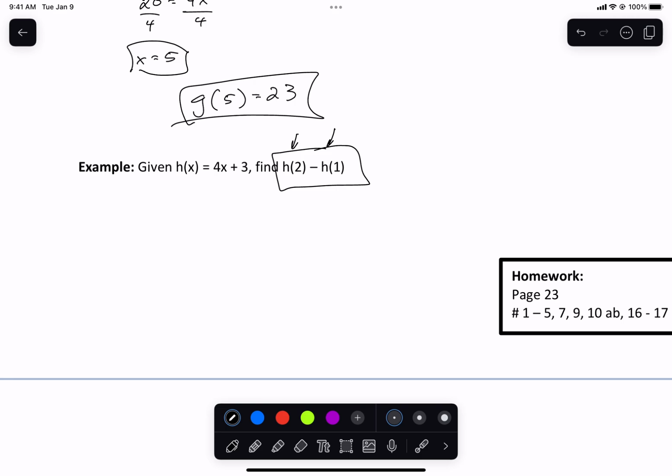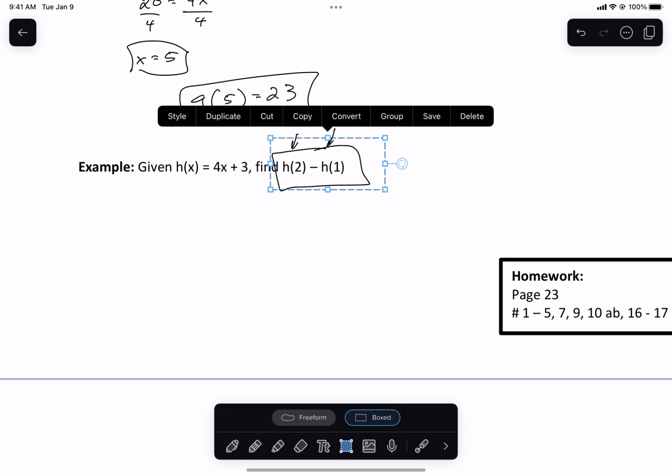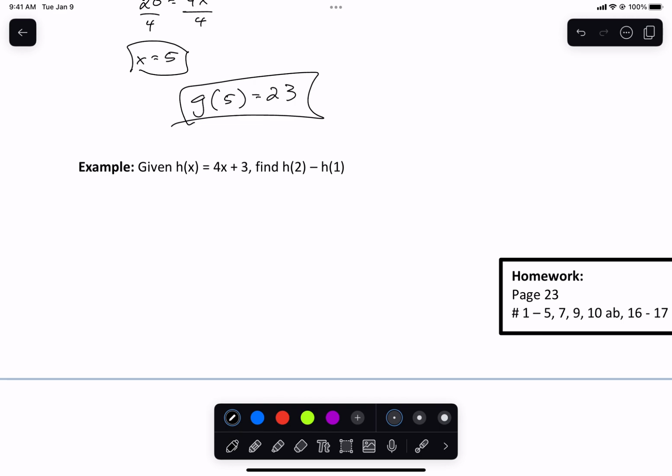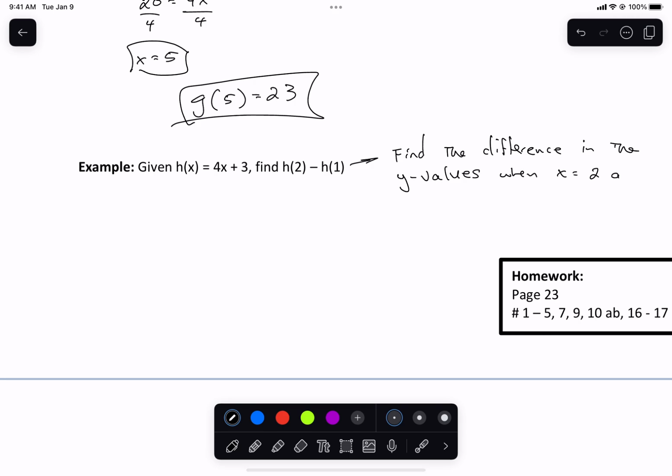But really what this is asking us to find is, we'll write this down so it helps. It's find the difference, and that's what that's saying.